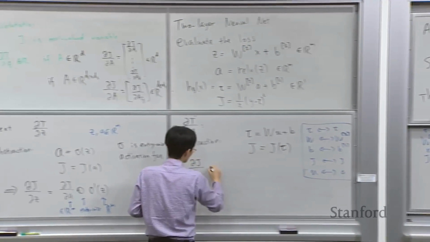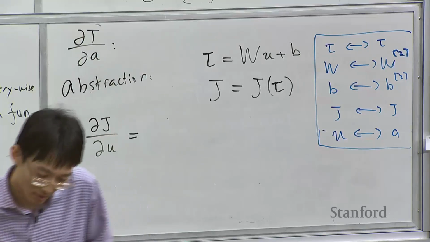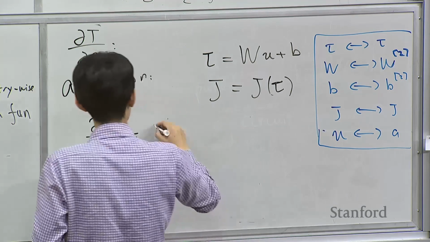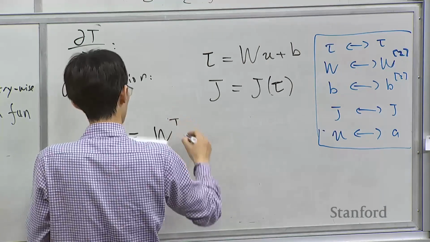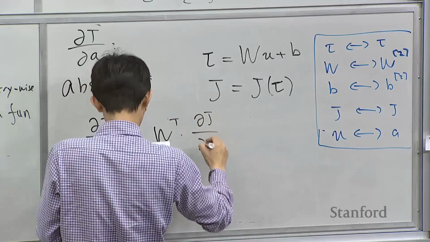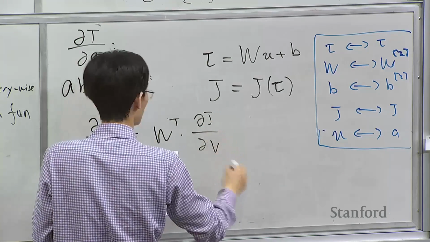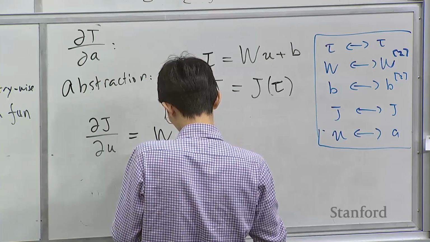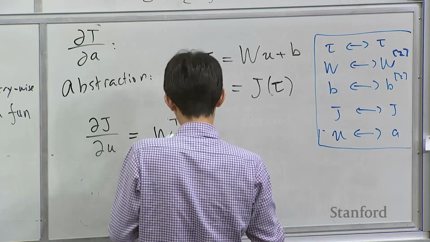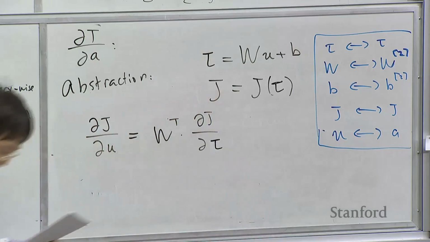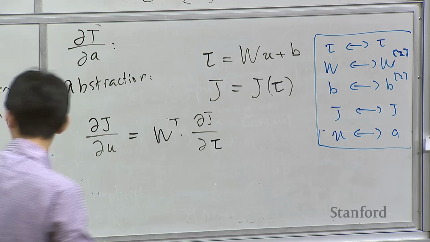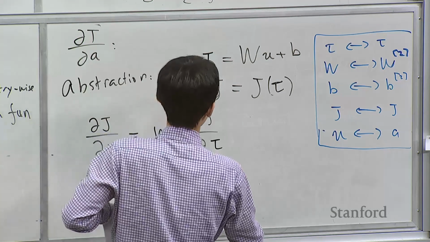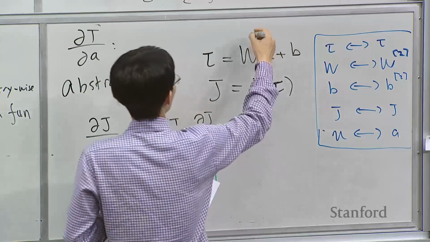The formula for this, if you write it in the matrix form, is W transpose times dJ over d tau. Let me check the dimensionality and specify the dimensions.